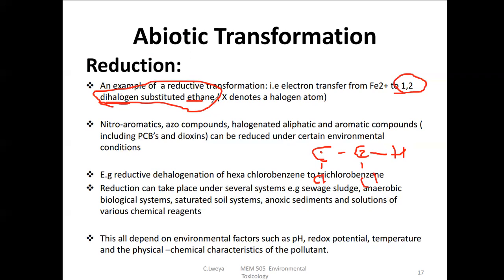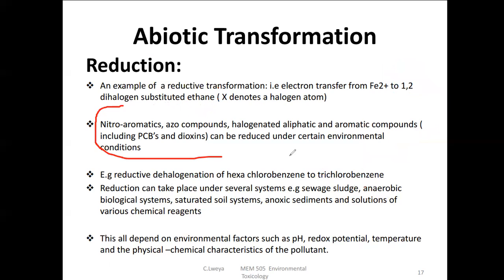So all in all, they are saying we can have electrons being transferred from this compound to that. So the moment this compound gains electrons, it means it has been reduced. Among the compounds, they focus much on organic compounds, the nitro aromatics.